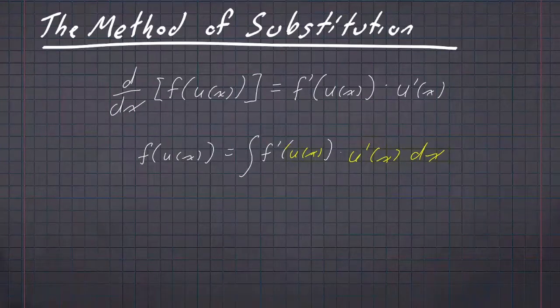U prime of x is the conversion between a small movement in the x direction and a small movement in the u direction, the rate of change of u with respect to x, change in u over change in x. So u prime of x times dx is something we can simply call du.